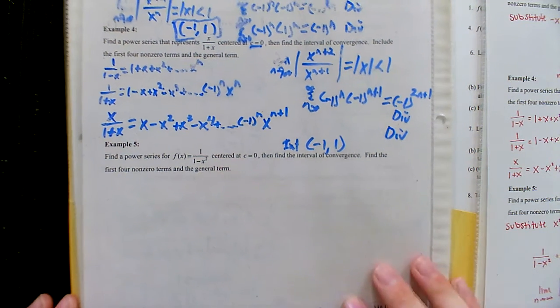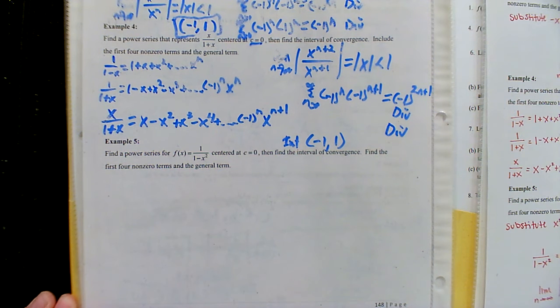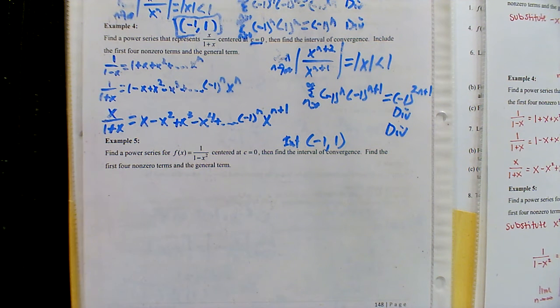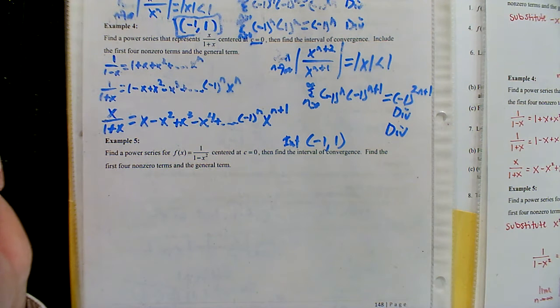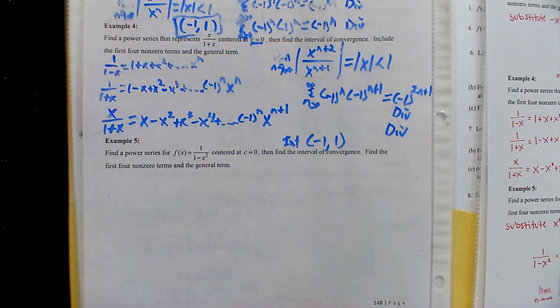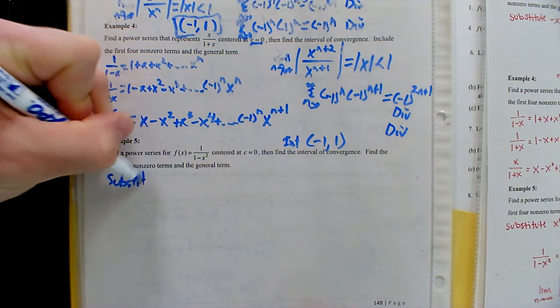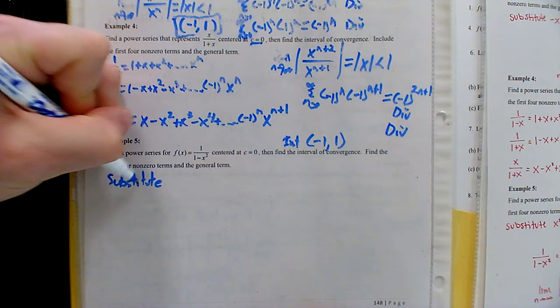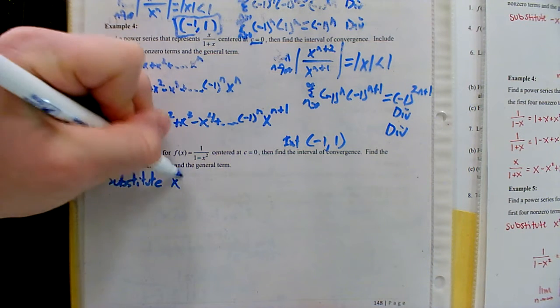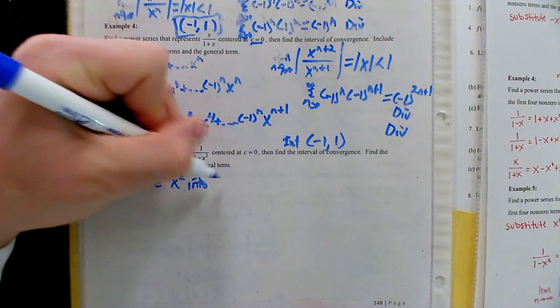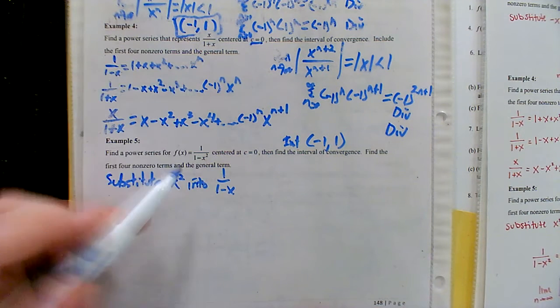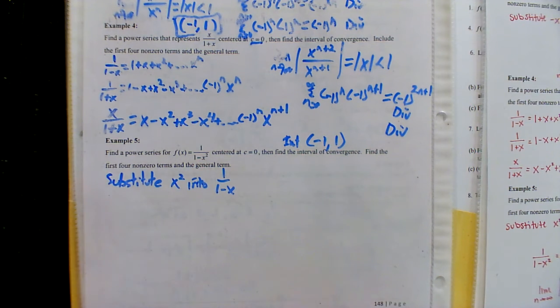All right, example 5 is one more manipulation. This is going to be our last one for today. So example 5. Find the power series of 1 over 1 minus x squared. So everywhere we have an x, all we're doing is substituting x squared into 1 over 1 minus x. Because we still have the subtraction there, the only difference is the x is squared.